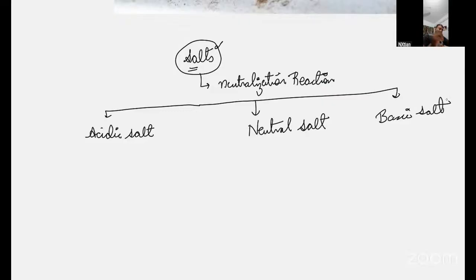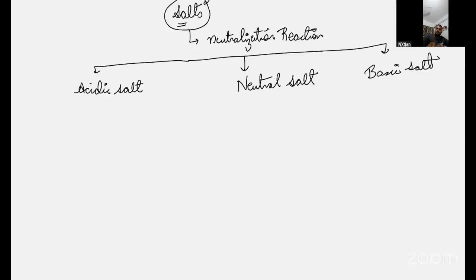Okay. Now listen. So acidic salt. Now Godwin will tell me. Acidic salt pH value will be from which to which, Godwin? If salt is there and it is acidic, what is the value of the pH range?